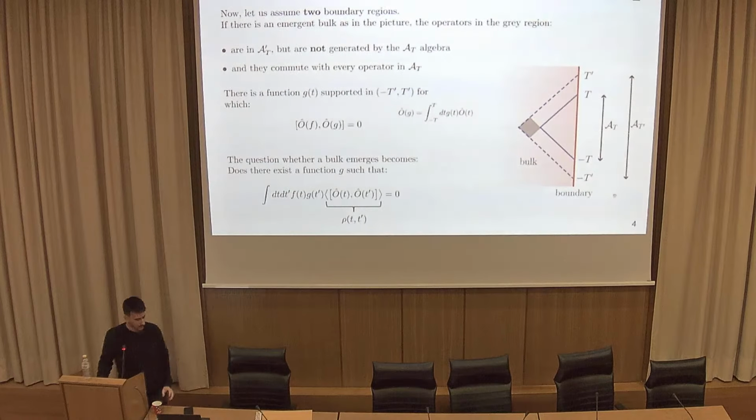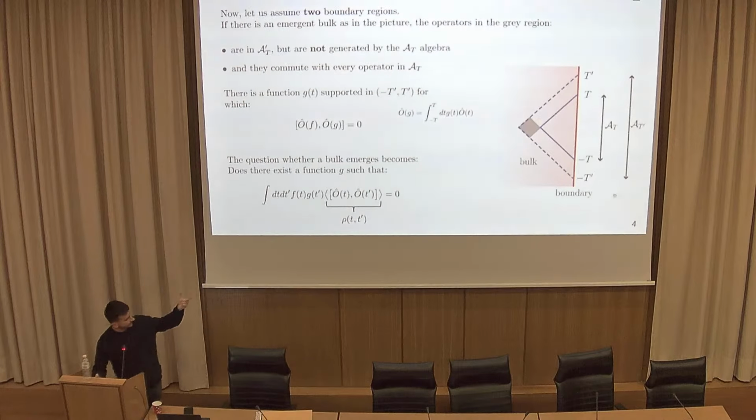And the authors of that paper said this may mean that we could translate the question of whether we can have an emergent bulk, or whether we could have such a picture on the right, into: can we find a function g with support from minus t prime to t prime such that this integral goes to 0.